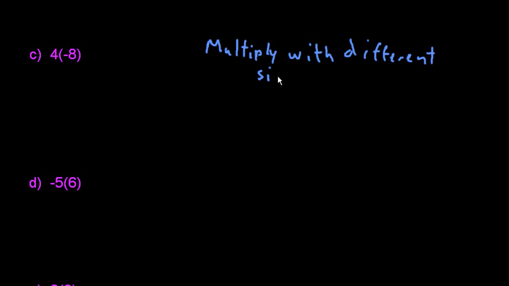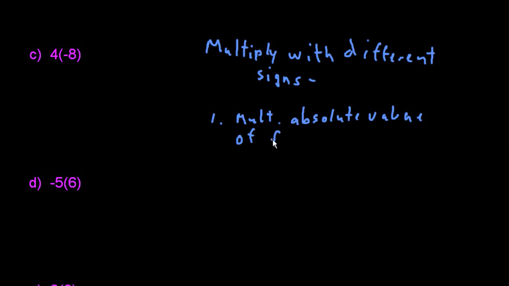Well, the first step is the same thing that we did before: multiply the absolute values of the factors, exactly the same as we did in the previous two problems.